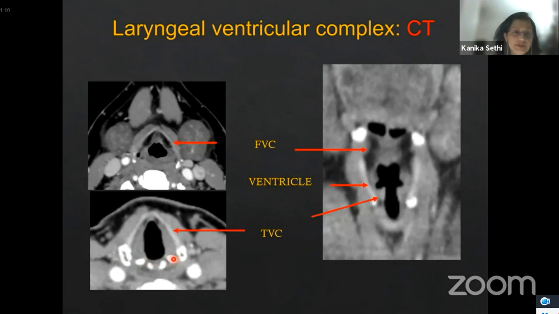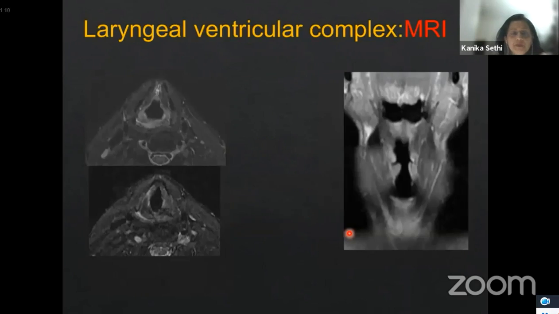Usually this is the cricoarytenoid joint, and the arytenoid cartilages are slightly medial, oblique in a normal patient. So this forms the laryngeal ventricular complex: the false cord, then the laryngeal ventricle, and below that the true vocal cord.